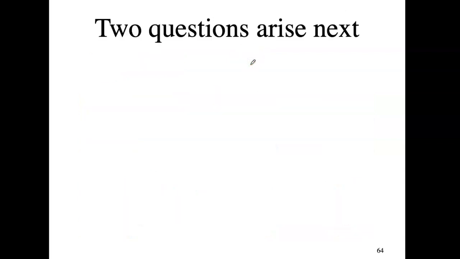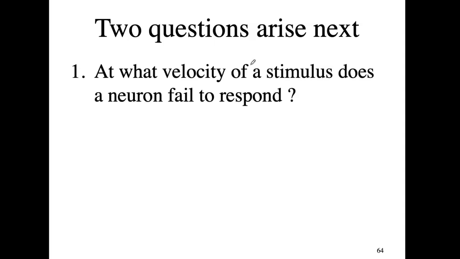Two questions arise next, and that is, at what velocity of a stimulus does a neuron fail to respond? What's that mean? It means how quickly can I send one after the next one, like shoot one and then another and then another, and how quickly can I do that before it's unable to respond to those stimuli, because they come too frequently, one after the other.